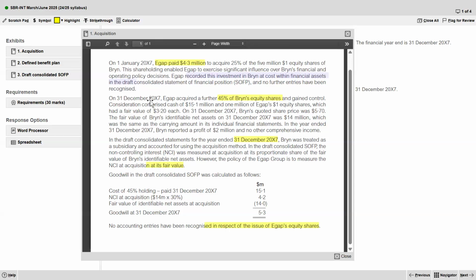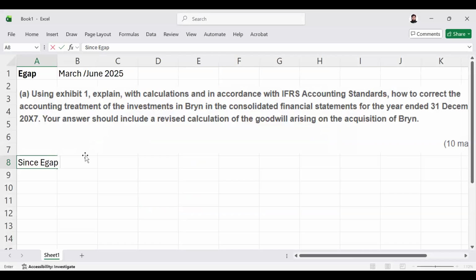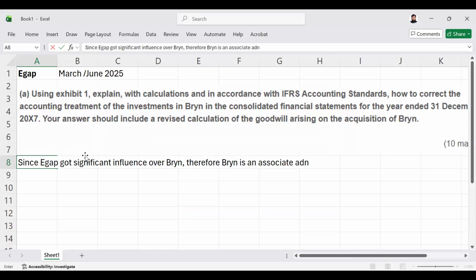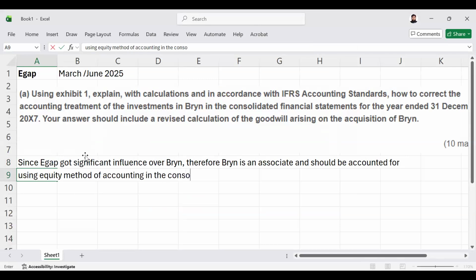Now see, since ICAP got significant influence over Brine, therefore Brine is an associate and should be accounted for using the equity method of accounting in the consolidated financial statements.